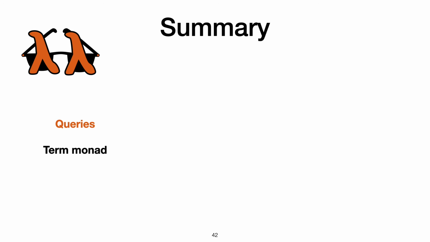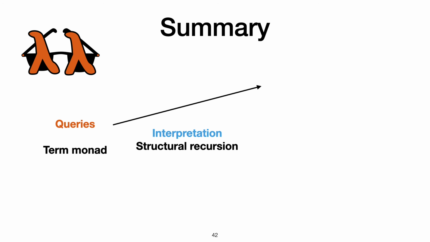In particular, we have represented queries using a term monad, distinguishing between facts and values. Then we have used a structural recursion scheme in order to interpret these queries in terms of Boolean algebras, with the possible world semantics as an instance that was of particular interest.